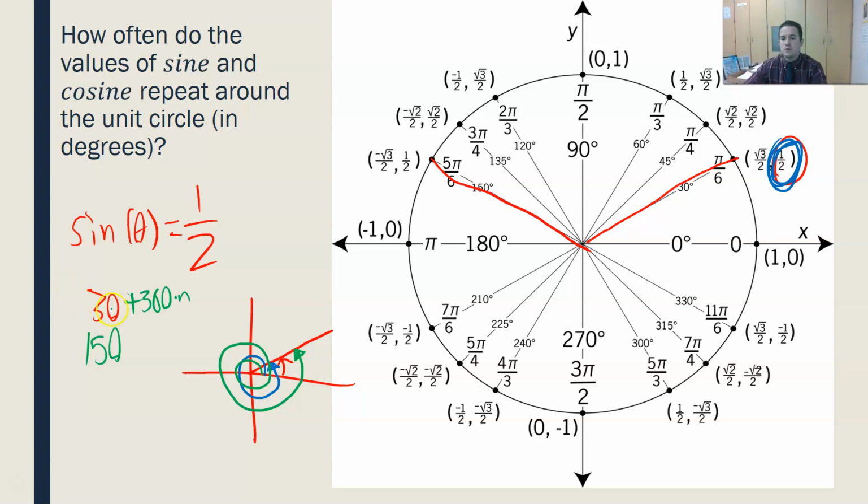So my solutions would be 30 plus 360n and 150 plus 360n. Meaning my solutions are 30 degrees plus 360 plus 360 plus 360, or minus 360 minus 360 minus 360, or 150 degrees plus 360 plus 360 plus 360, as many times as it takes.